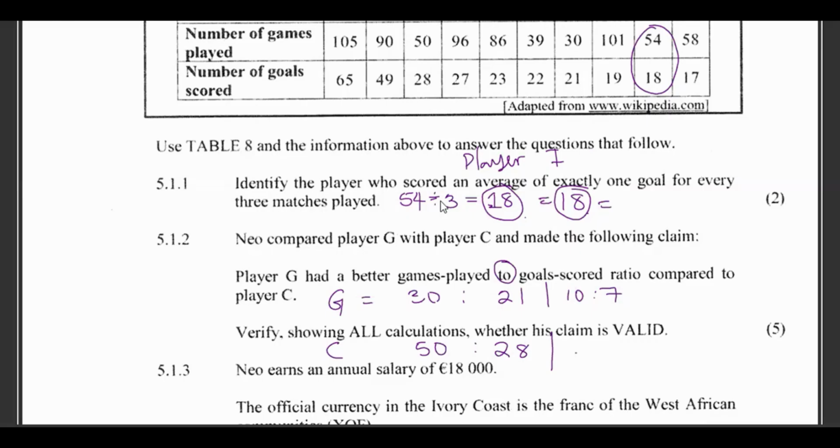Writing it in fraction form, this simply means in 10 games, G had 7 goals, whereas in 25 games, C had 14. So G had a better ratio. Had he played almost the same number of games, the number of goals would be up on average.